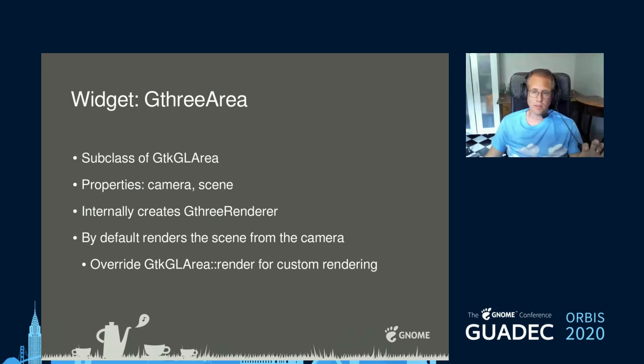The default implementation of the render signal in the area uses this renderer to draw this particular scene from this particular camera. Most of the time, that's all you need. But if you want to do something else, maybe you have multi-scene rendering, or some kind of effect you want to apply, then you can override the render signal and do something else.